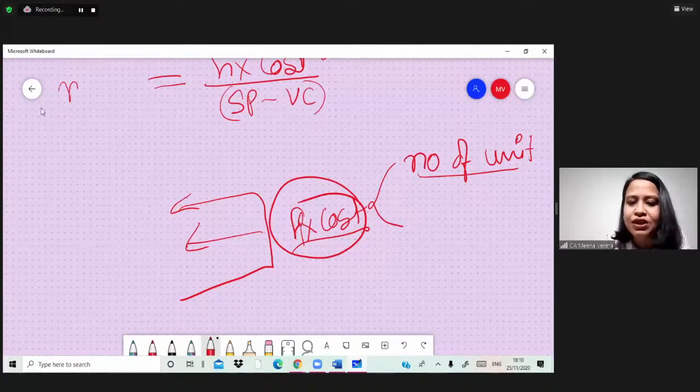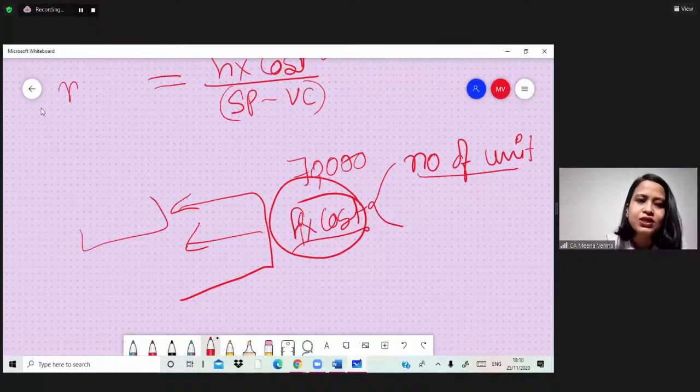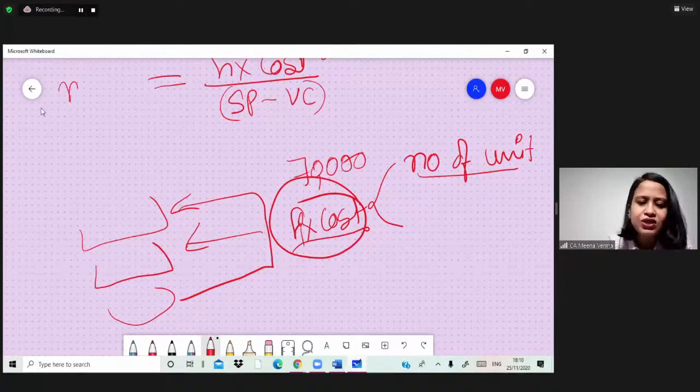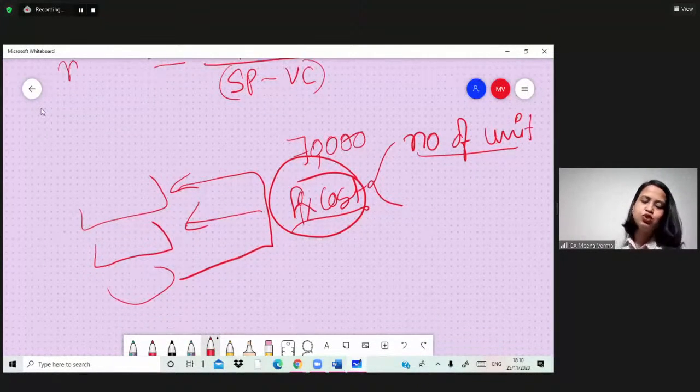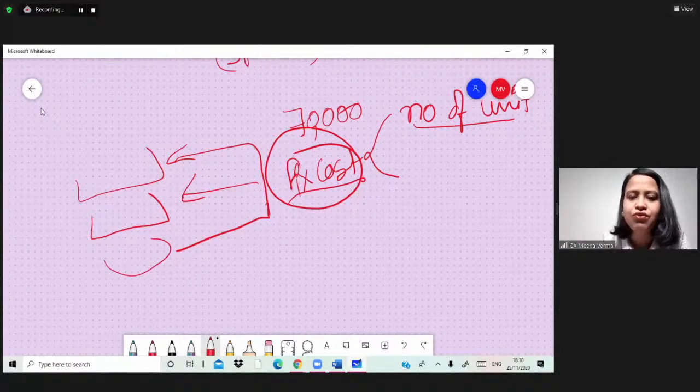For example, if my fixed cost was 70,000, I will find out how this fixed cost varies with setup cost, or with the area, or employee cost, or some other way. So first I will divide it on the basis of the cost driver. And if it is not possible to bifurcate it further, then I will consider the fixed cost on the basis of number of units.